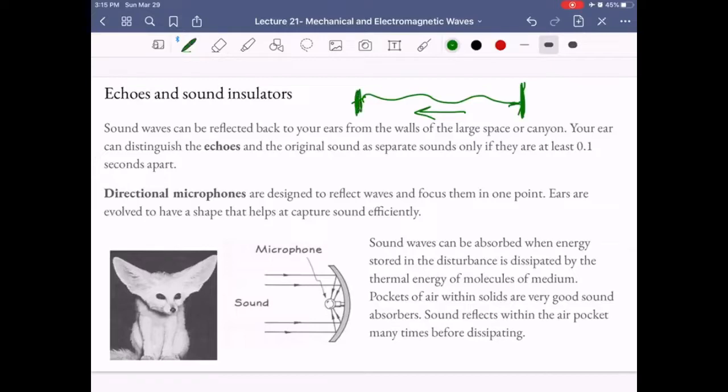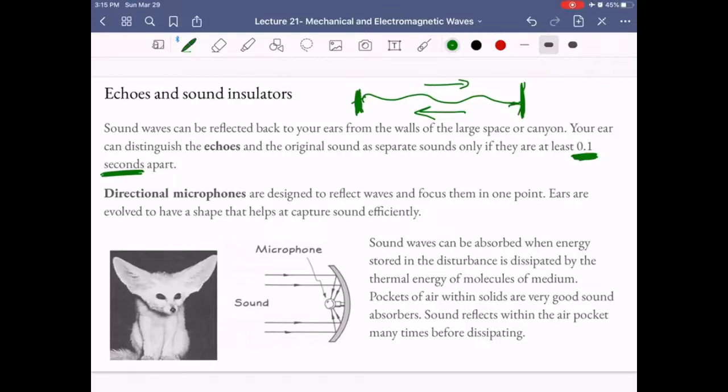If this distance is too small, then the reflected wave and the sound wave produced by me wouldn't have a big difference in time, and I wouldn't be able to distinguish them as two separate sounds. But if this time is bigger than 0.1 second, then I can distinguish those two as separate sounds. That's why you hear echoes in big buildings, because the delay in time between the reflected and the original sound wave is big enough for you to distinguish.